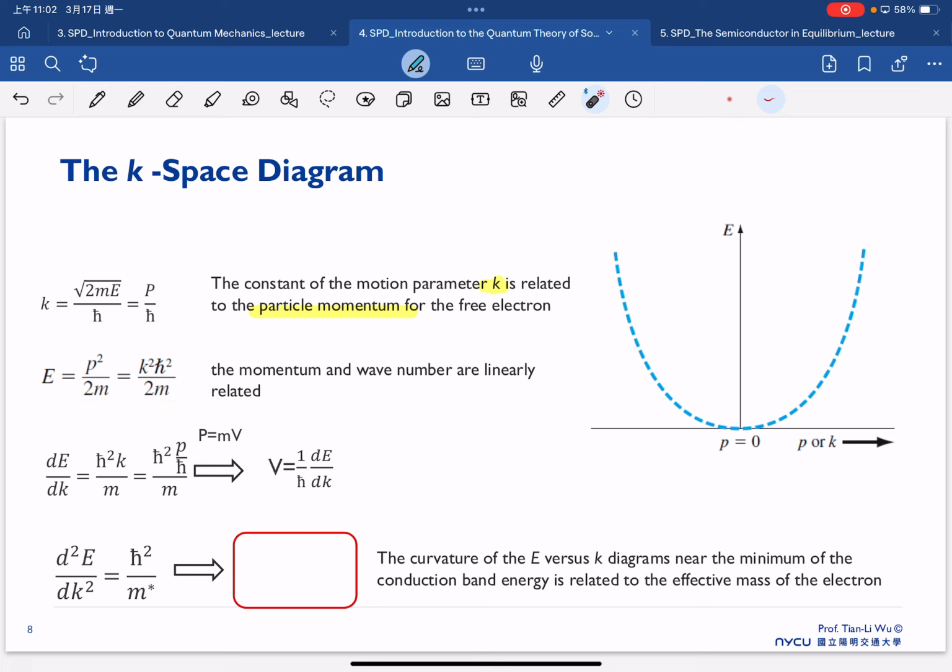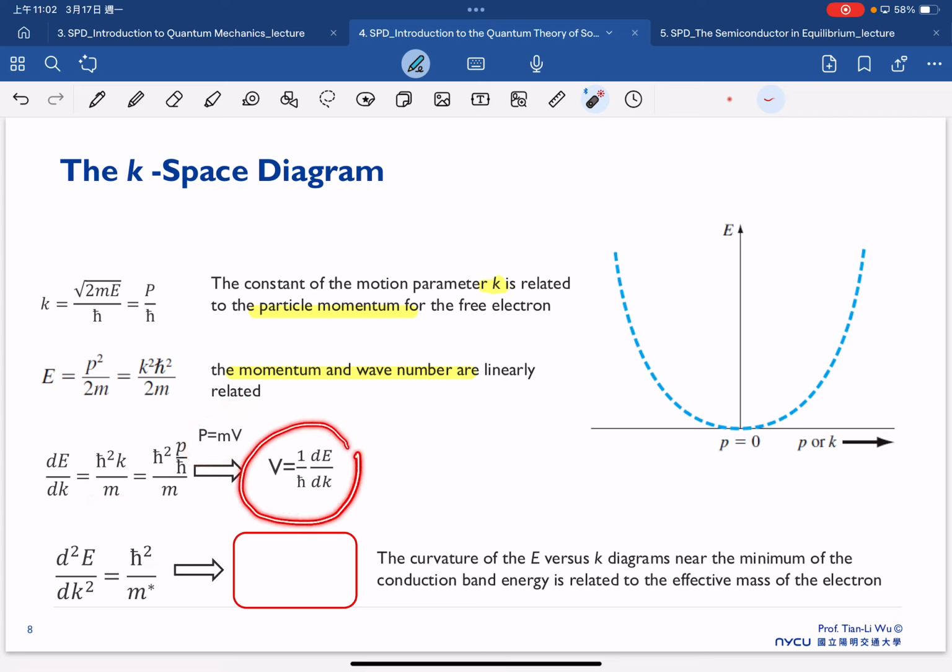Therefore, the momentum and wave number are linearly related. Now if we take the derivative of the energy versus K, we can have this one and also this one, and then we put p equal to mv, and we get this one.